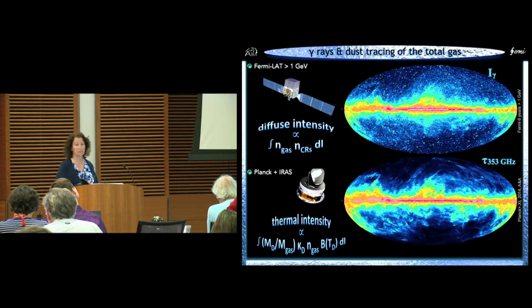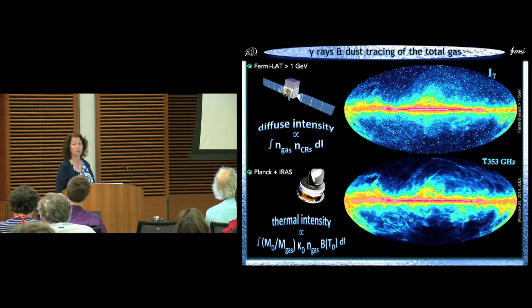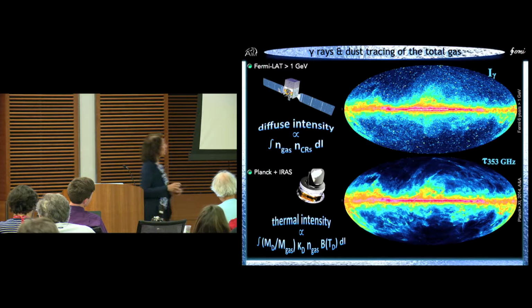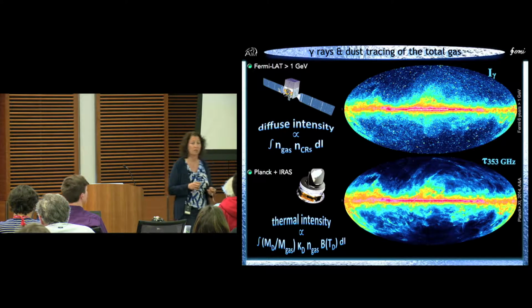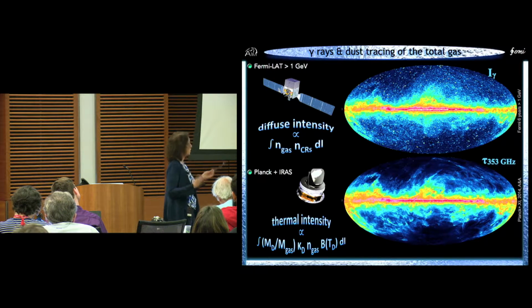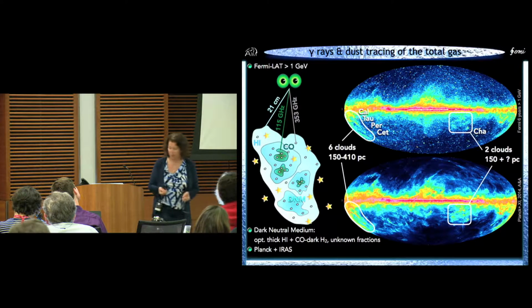As you can see right away, there is a very common distribution, but the devil is in the details. If you divide one by the other, then you start to get into trouble, because the upper map, the total gas, is convolved by the cosmic ray density distribution, and the bottom map is convolved by the dust to gas mass ratio and the emissivity cross section.